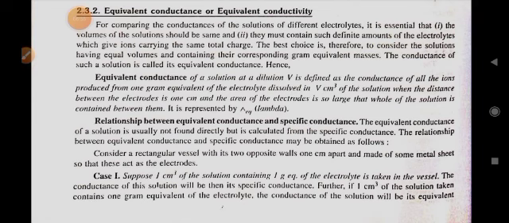Relationship between equivalent conductance and specific conductance. The equivalent conductance of a solution is usually not found directly but is calculated from the specific conductance. The relationship between them may be derived as follows. Consider a rectangular vessel with its two opposite walls 1 centimeter apart and made of some metal sheet so that these act as the electrodes.